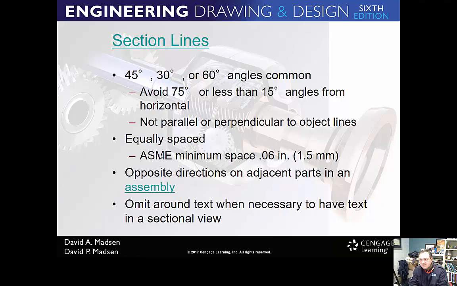What that does is the text will have a space around it so that it's easier for you to read. If you have to have text inside on labeling a view for some reason, I'm not sure that you would. Architectural drawings you might, but anyway.